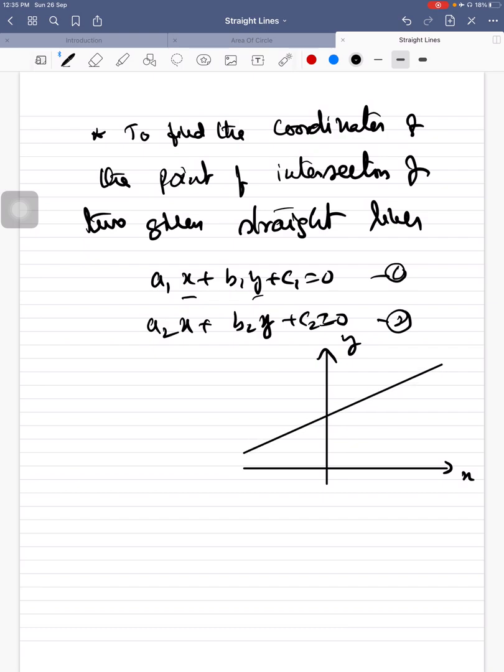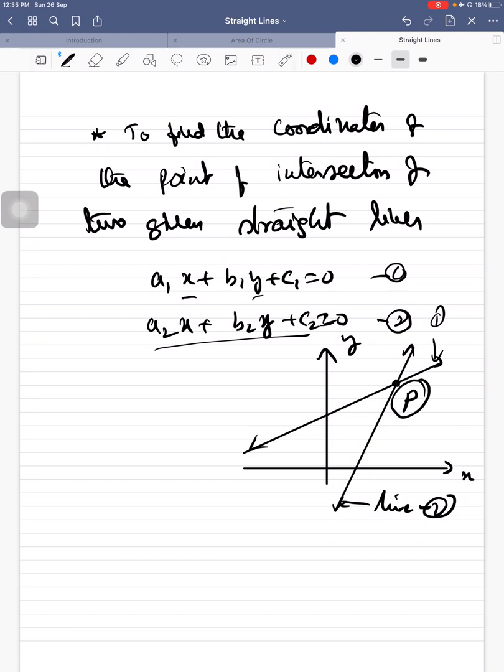If you draw equation 1, this line shows equation 1, and let this be line 2, which represents the second equation. Now how to solve for the point of intersection? Let this be the point of intersection.